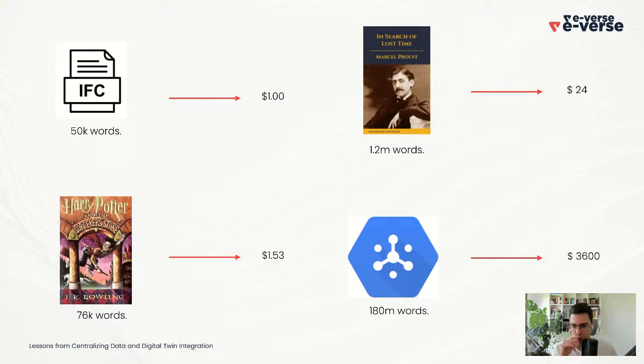For Harry Potter, all the books, 1,000,000 words, it was just $20.53. But for our data warehouse, which was more than 180 million words, we would pay $3,600. That's insane. There was no way we could send our data warehouse to OpenAI every time we were going to make a question.